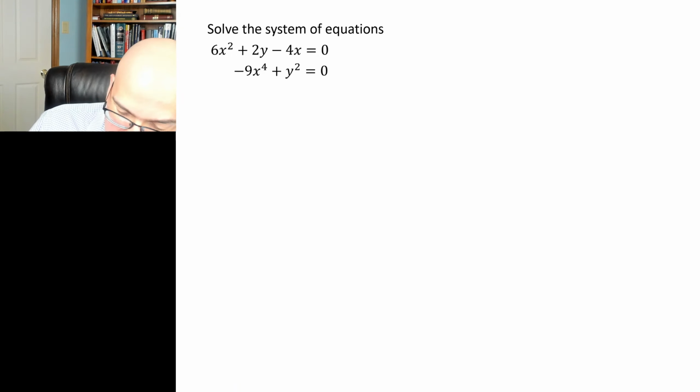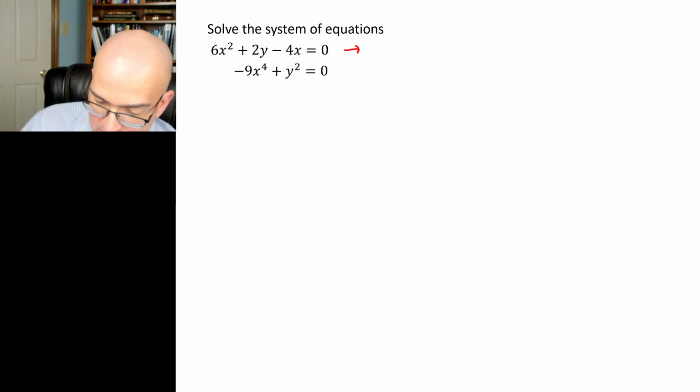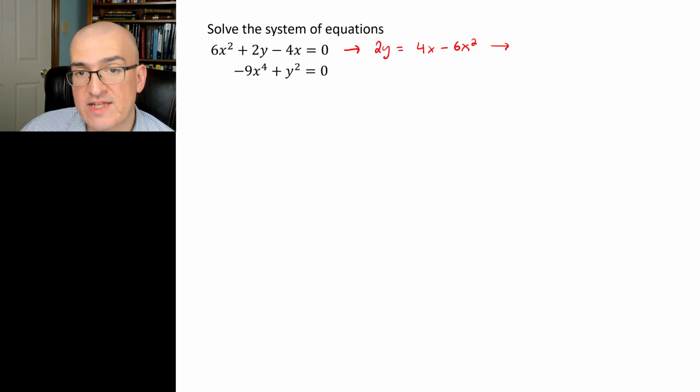So what I notice is that inside the first equation, if we add 4x to both sides, and subtract 6x squared from both sides, 2y is equal to 4x minus 6x squared. Then divide both sides by 2, we get y equals 2x minus 3x squared.